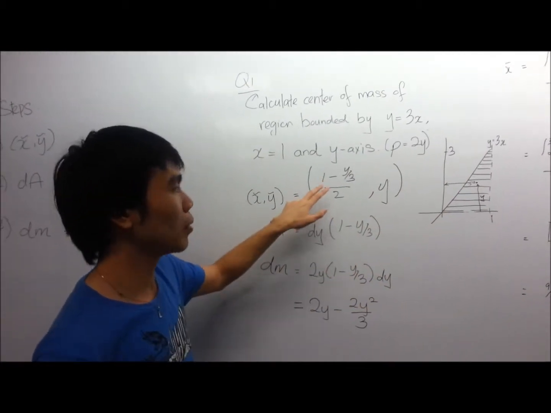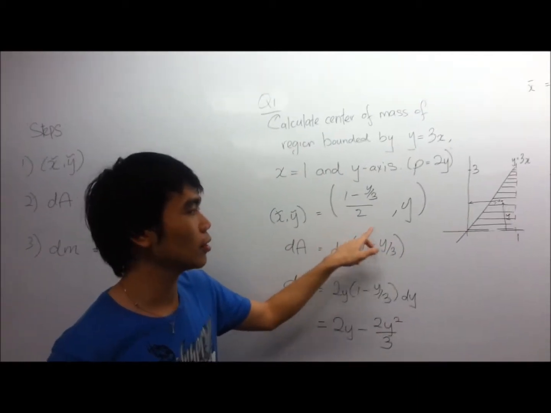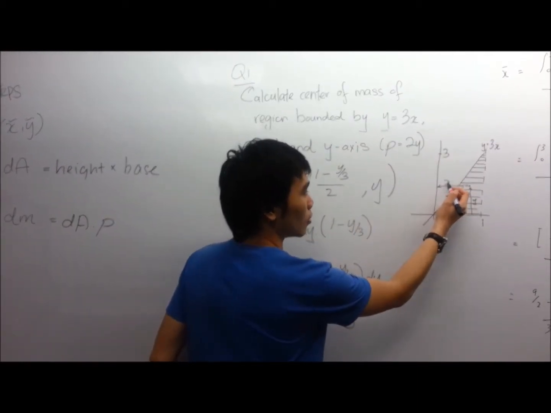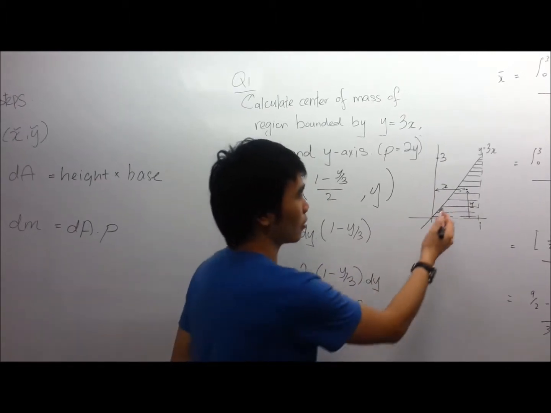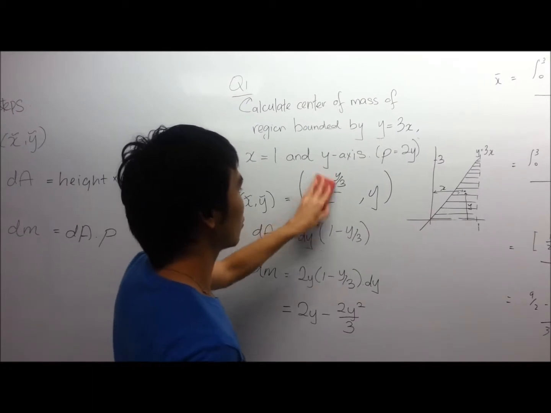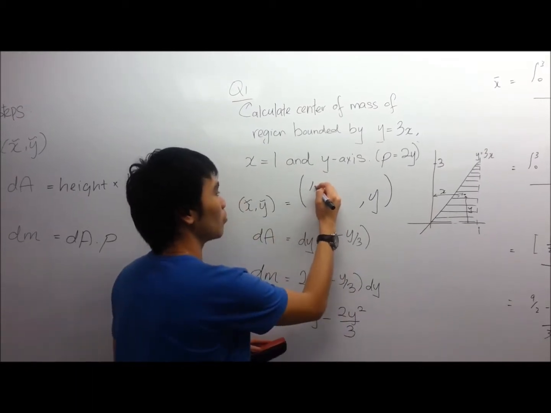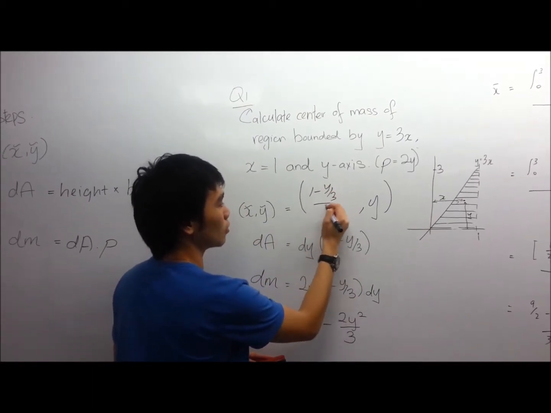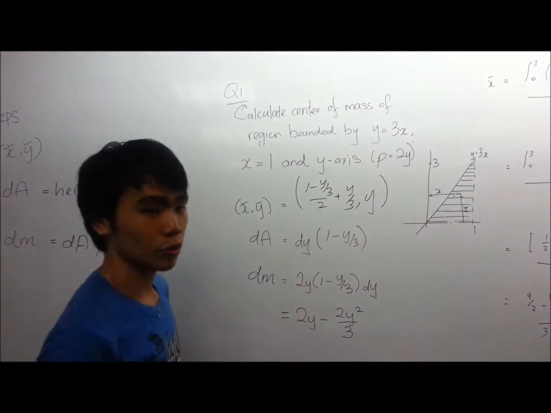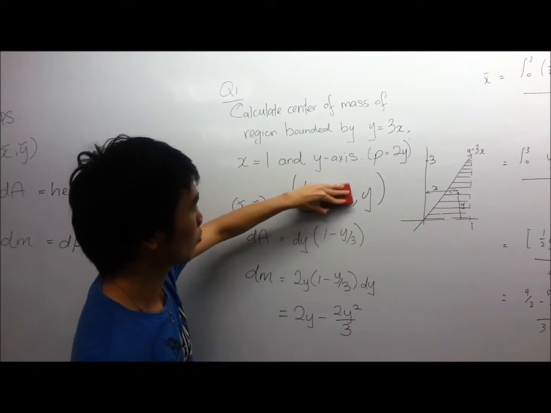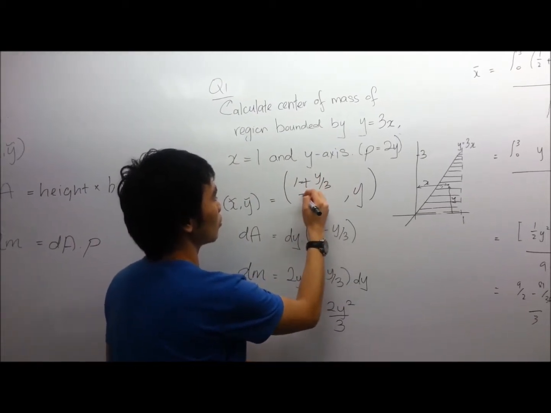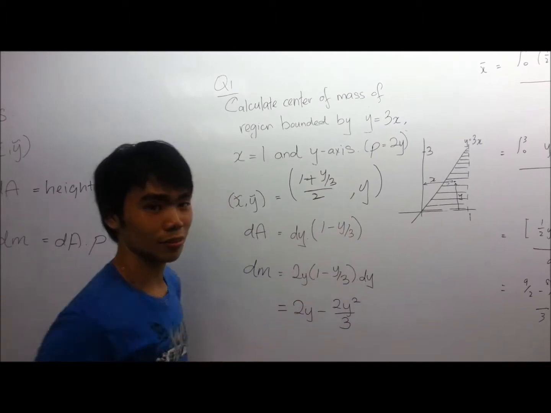But 1 minus y over 3 over 2 doesn't include the x over here. So we have to add the x to this equation. So it becomes 1 minus y over 3 over 2, plus y over 3, which gives you 1 plus y over 3 over 2.